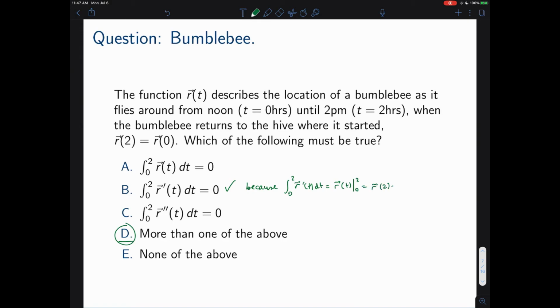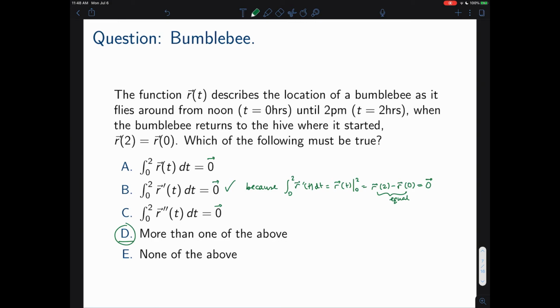That means r of 2 minus r of 0, and those are equal. So this difference is 0. And if we're being precise, then I suppose that's a 0 vector, and I guess all of these would be 0 vectors really, rather than 0 scalars. So B is definitely true.